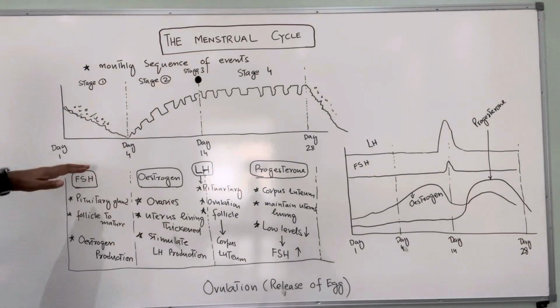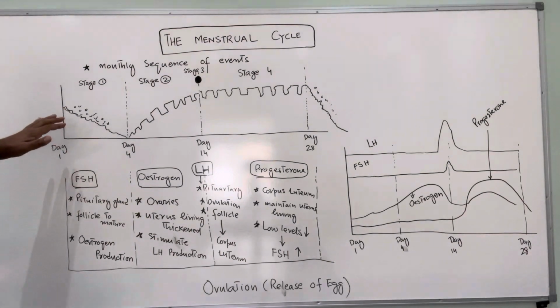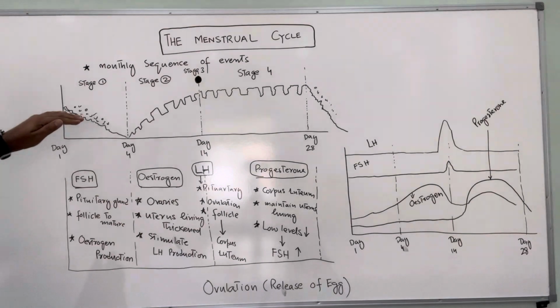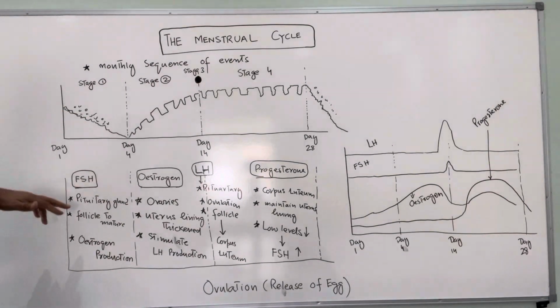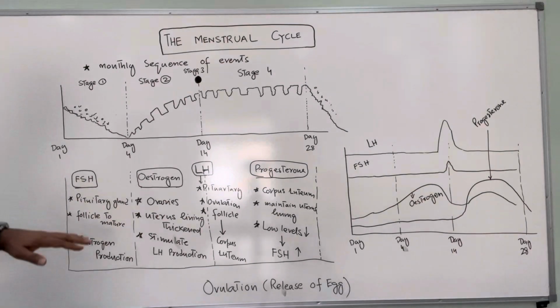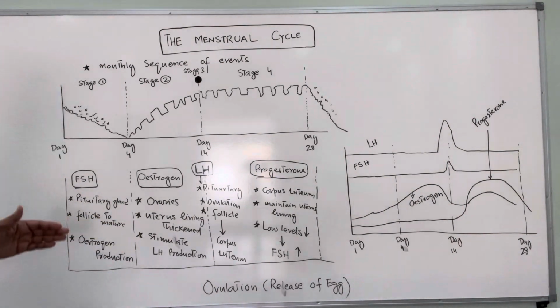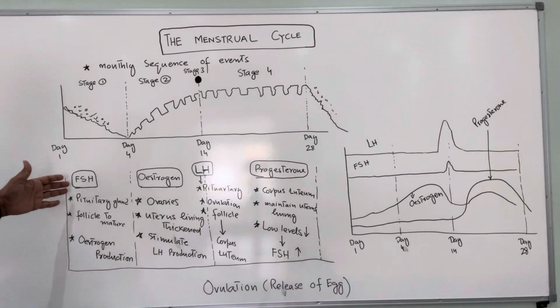So stage 1 starts with the breakdown of the uterus lining, and during that stage the FSH hormone is released by the pituitary gland. And what is the function of this hormone?